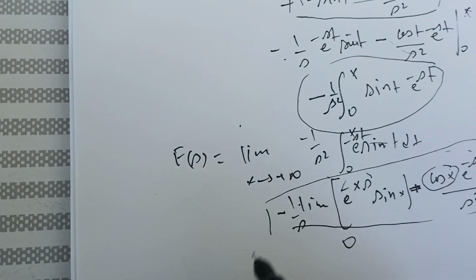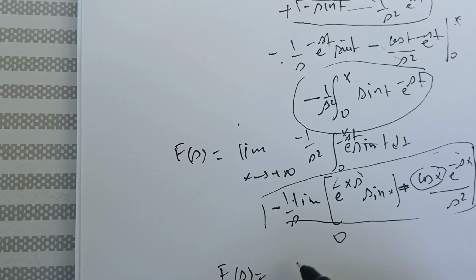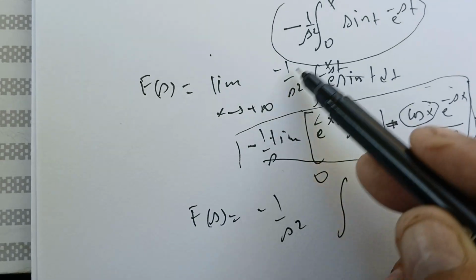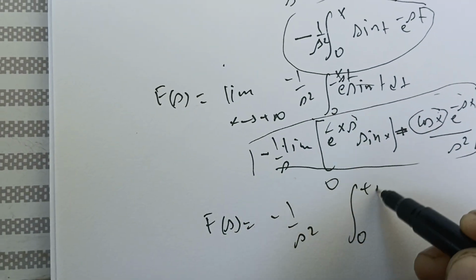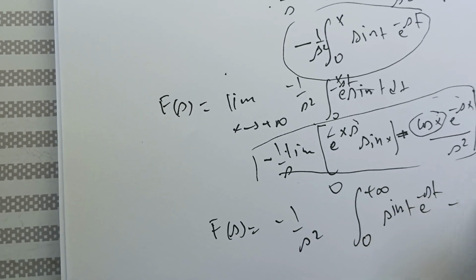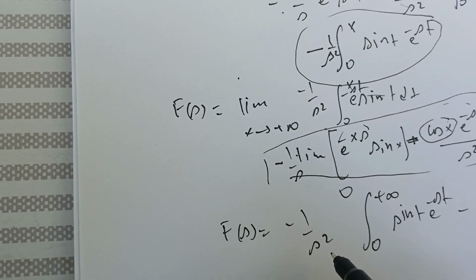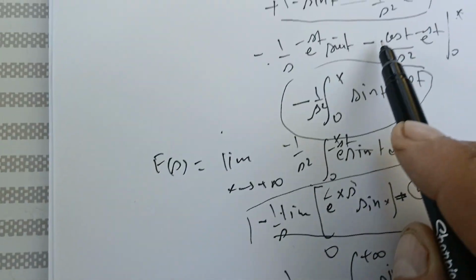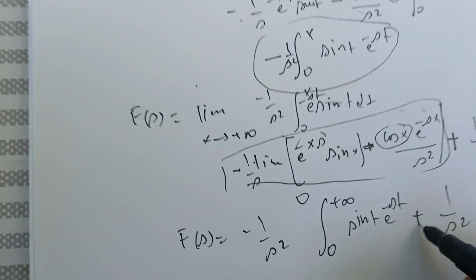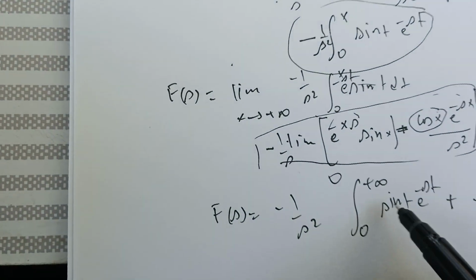So F of s is minus 1 over s squared times the integral between 0 and infinity of sine t e to minus st, and here I need a plus because of the evaluation. Sorry, it's 1 over s squared, plus, because when I evaluate at 0 with this minus, I get plus.